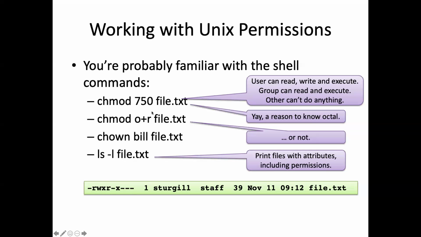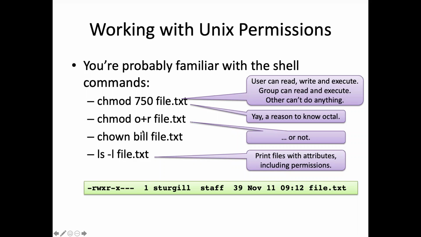And for a while, this was a handy reason to know octal. Chmod has been enhanced since then, so you don't really need to know octal to change permissions bits on a file anymore. It provides a more flexible mechanism for letting you add read and write permissions.